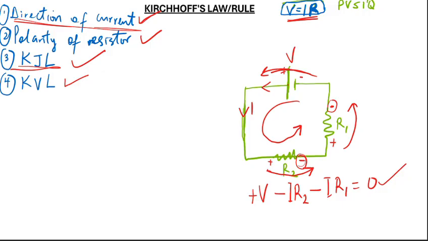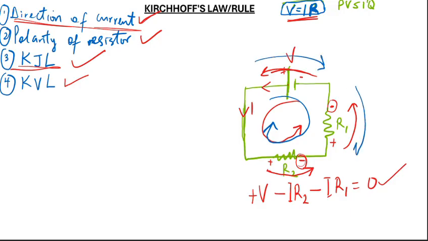But if you want to take the opposite direction, it's still the same thing. Let's assume we are moving in this direction, the opposite direction, which means we are moving like this.